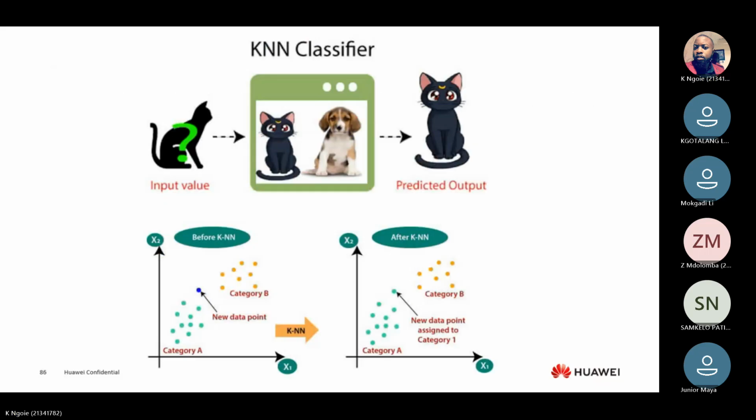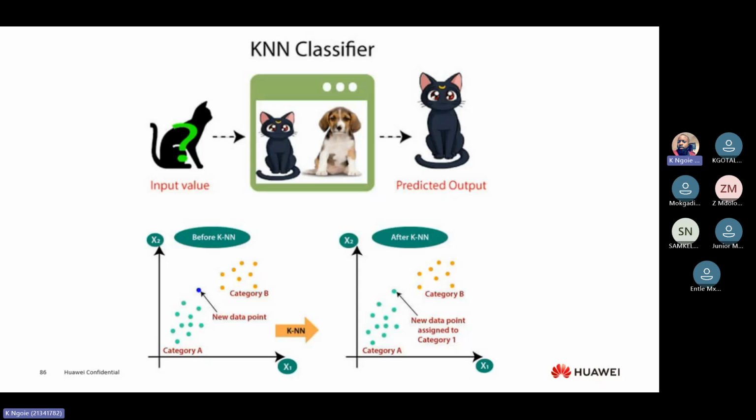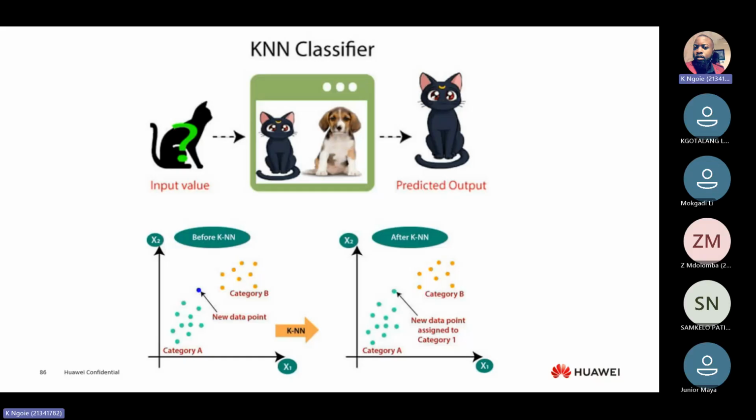So this is an example of how the KNN can be used. Remember here, we try to detect between cats and dogs, but you have a small puppy. A small puppy can easily be identified as a cat. You see, so you have those challenges.